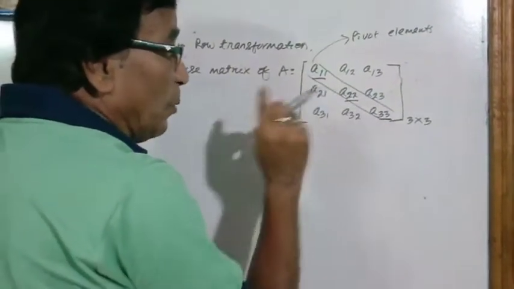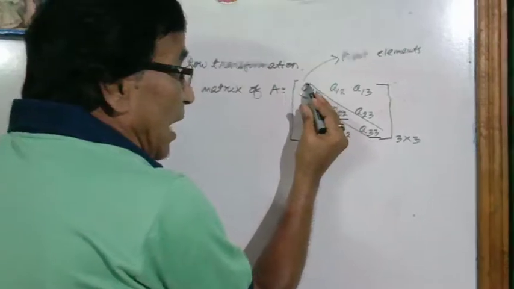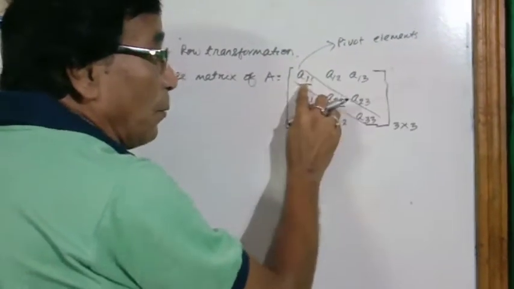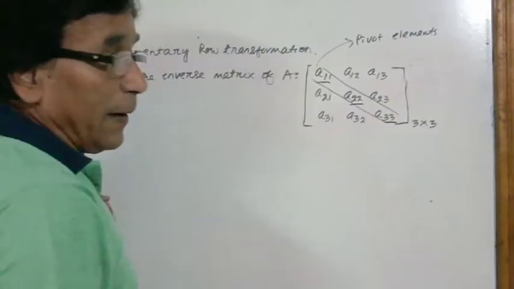Now A11 must be non-zero. The pivot element must be a non-zero element.